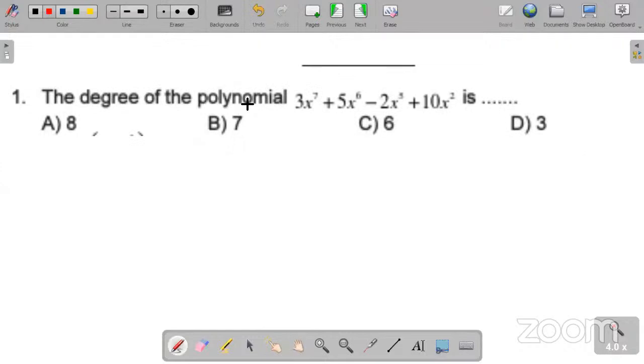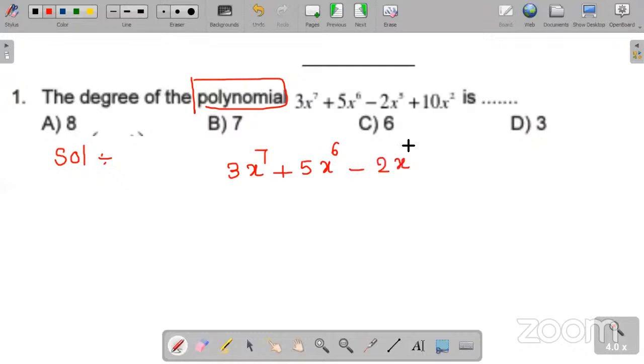The degree of the polynomial 3x to the power of 7 plus 5x to the power of 6 minus 2x to the power of 5 plus 10x square. We need to find the degree of this polynomial. What is the degree?